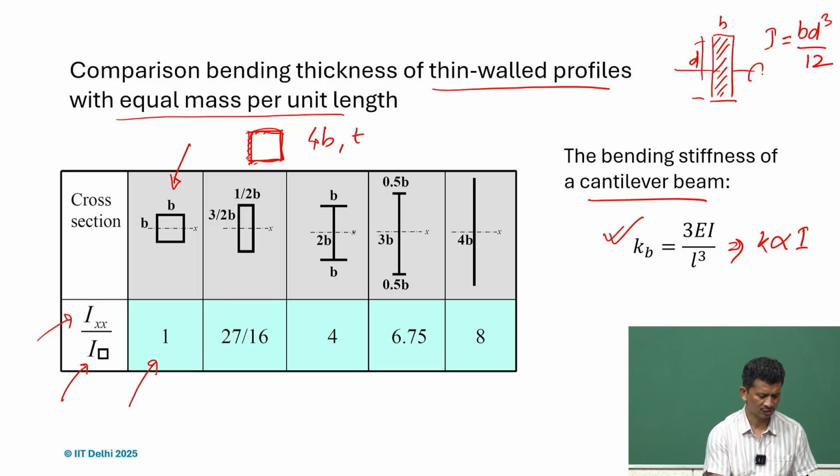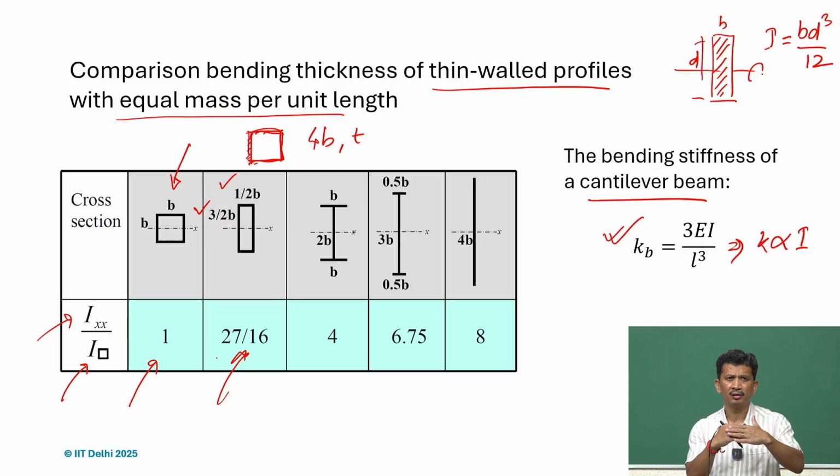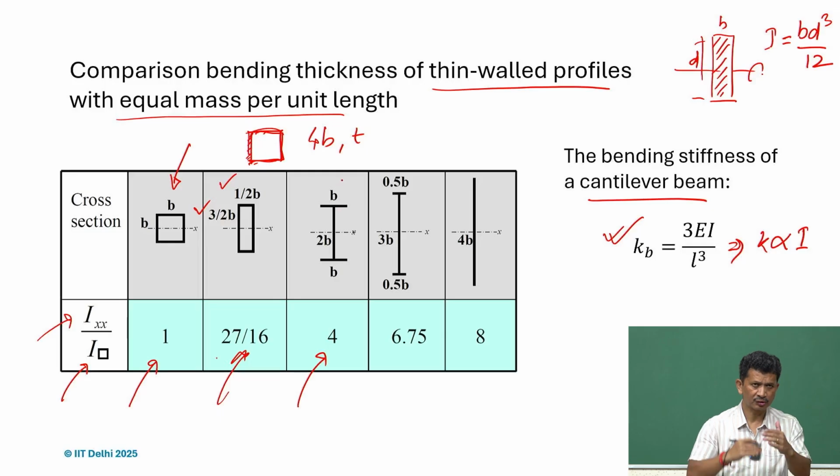So, of course, this is 1, and now we are redistributing. Suppose we increase the height, so the width is 1 by 2 b, but then the height will be 3 by 2 b. In this case it is 27 by 16. So, it has increased because yes, we are increasing the height where the stresses will be maximum, the top and bottom layers, and we can redistribute and push it further. So, width we can take B, and then the height will be 2b.